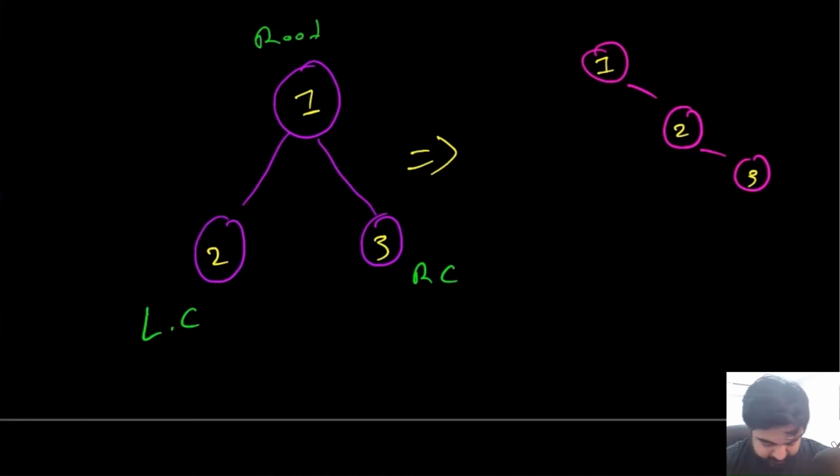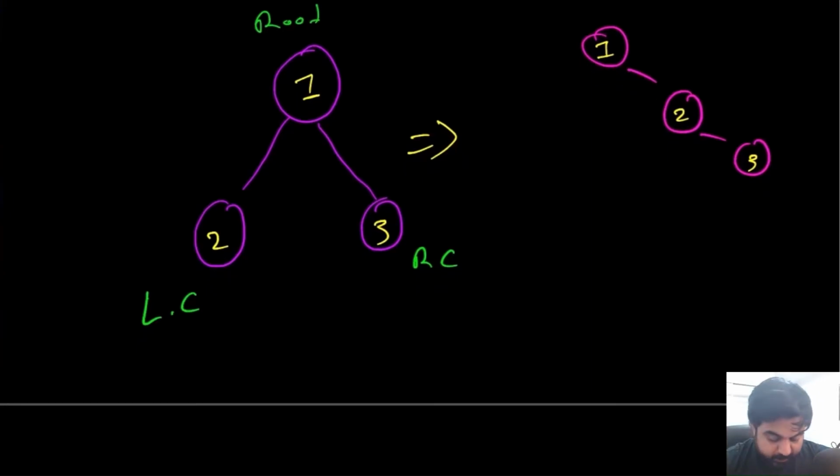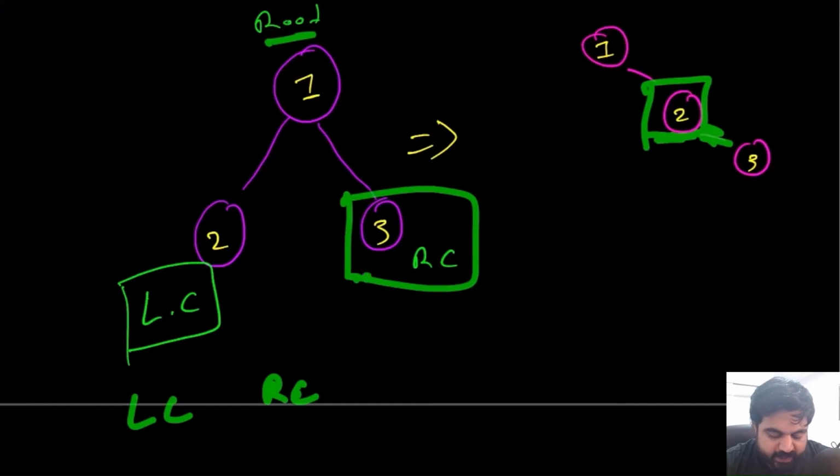So basically, let's see what actions we took to generate this answer. First of all, we took this left child, and currently it does not have any children of its own, so there is no left child or right child here. But in the answer, this left child has a right node, and that right node is whatever the previous root's right child was.